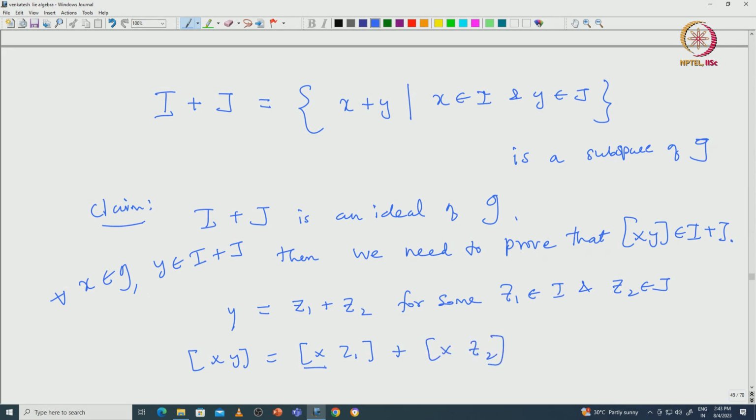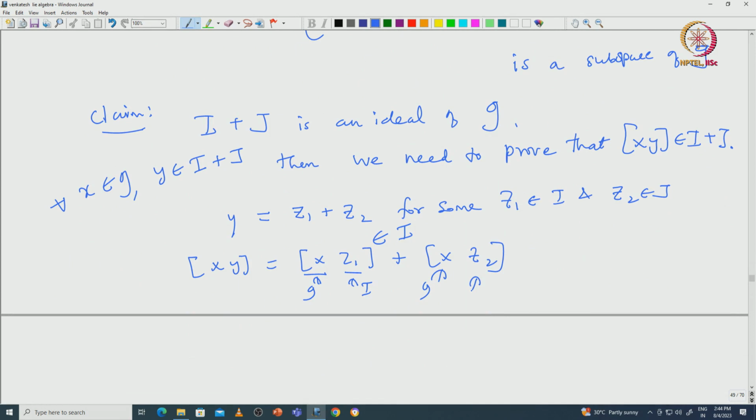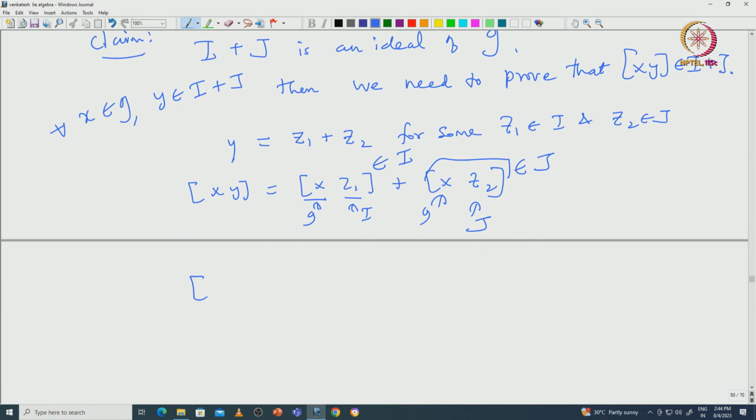But note that x is in G and z1 is in I, so this bracket will be in I. For a similar reason, x is in G and z2 is in J, so this bracket is in J. That implies this bracket [x, y], which is a sum of two elements, the first one in I and the second one in J, will lie inside I plus J. So that proves that the bracket of x, y is in I plus J, which means I plus J is an ideal.